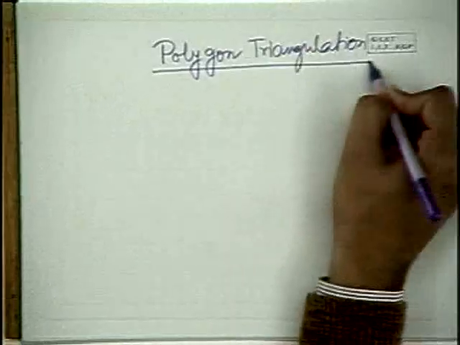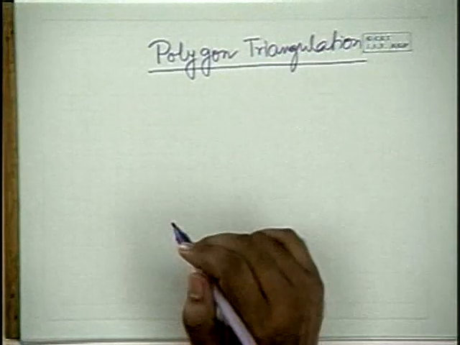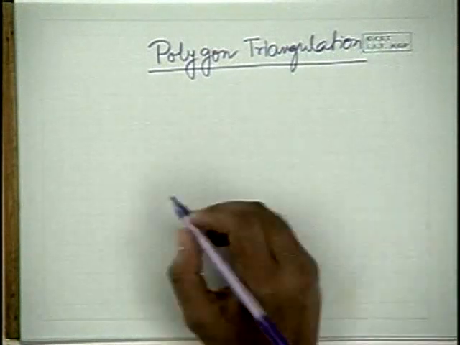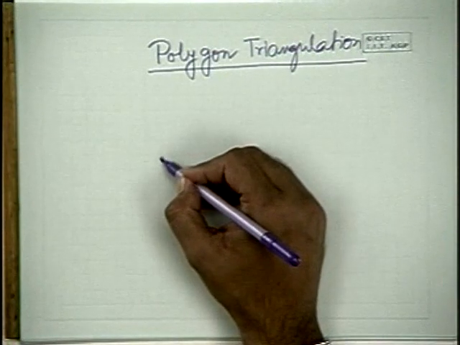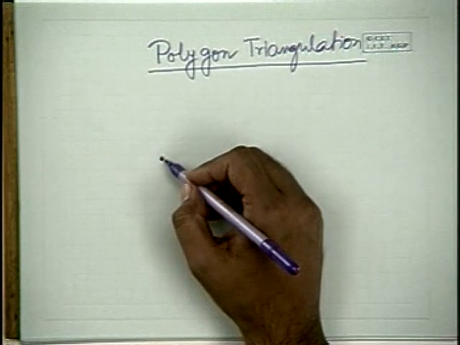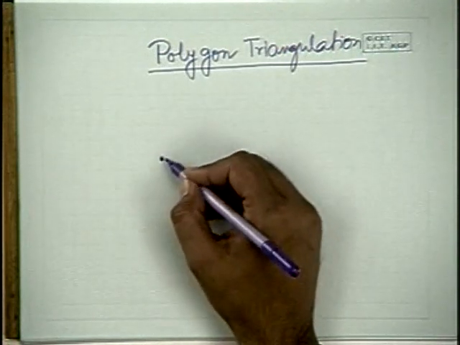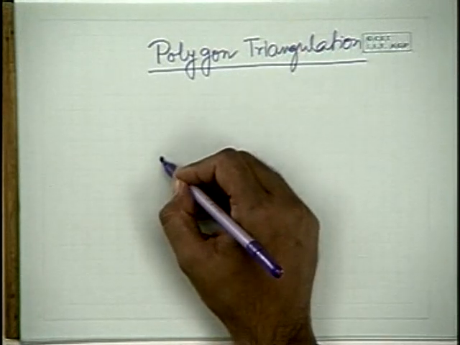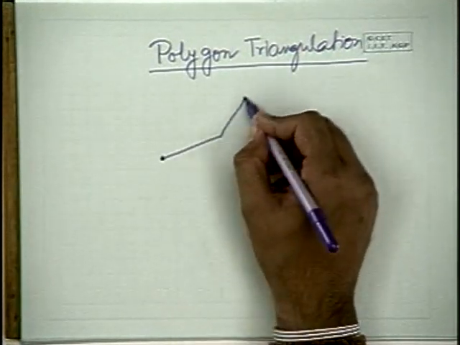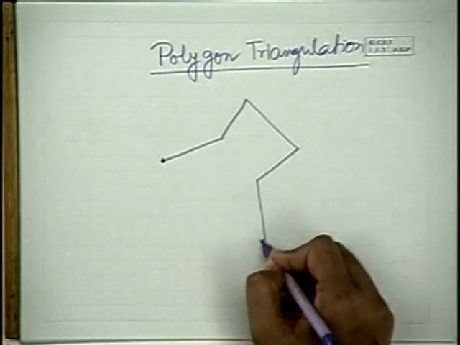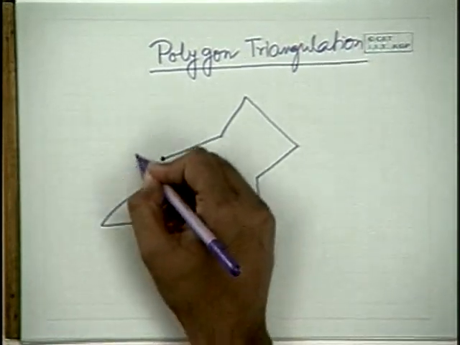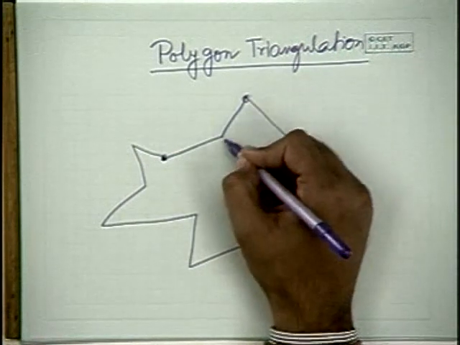So that you know what the polygon triangulation is. This is called the polygon triangulation problem. So what is a polygon? Everybody knows it, I guess. A polygon is basically a region in 2 dimensions, bounded by a set of straight line edges going over some vertices.